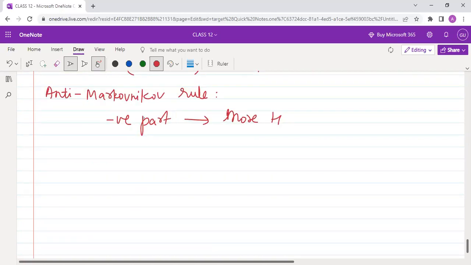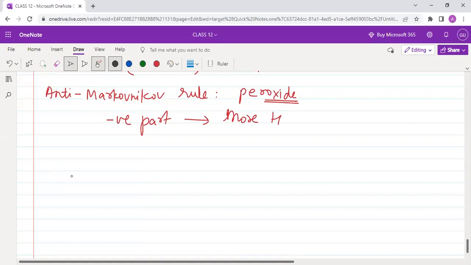And for anti-Markovnikov rule reaction, peroxide should be present along with hydrogen halide. So whenever peroxide is present along with the hydrogen halide, you have to apply anti-Markovnikov rule. And if peroxide is absent, you have to apply Markovnikov rule.